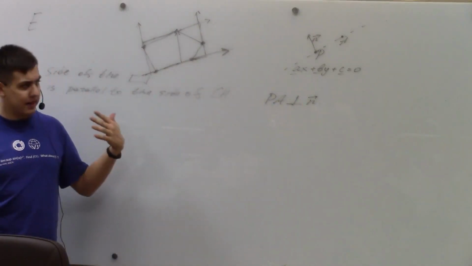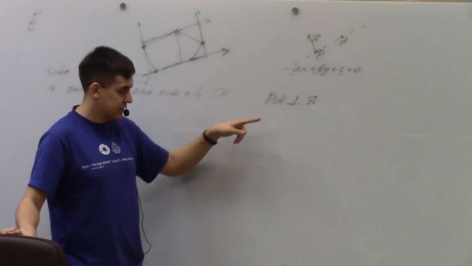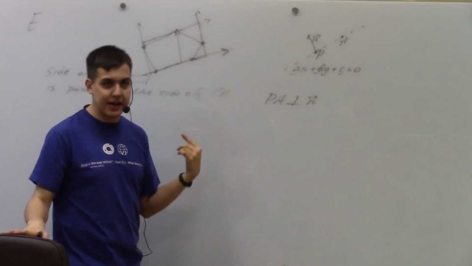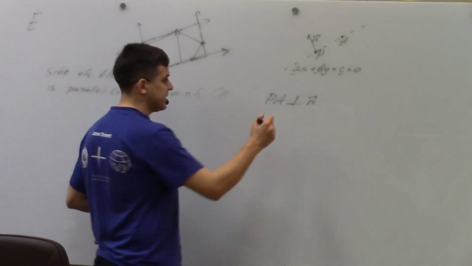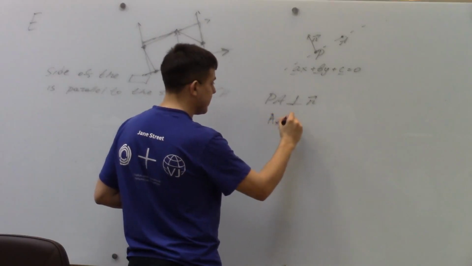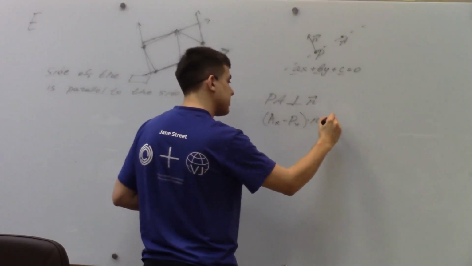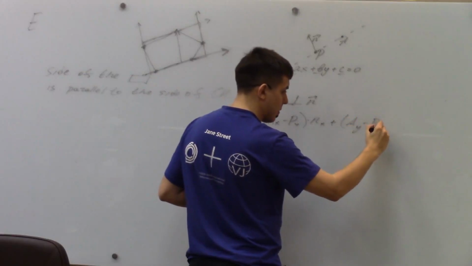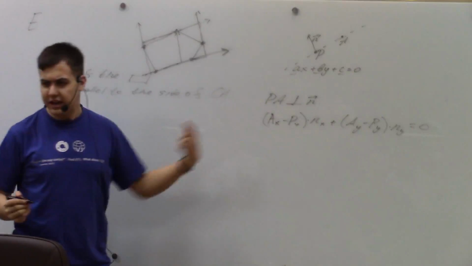So I like to look at the line as a geometric place of all points A where PA is perpendicular to n. And perpendicular means that the scalar product is 0, and this means that (AX minus PX) times NX plus (AY minus PY) times NY is 0, and that's how we get the line equation, right?